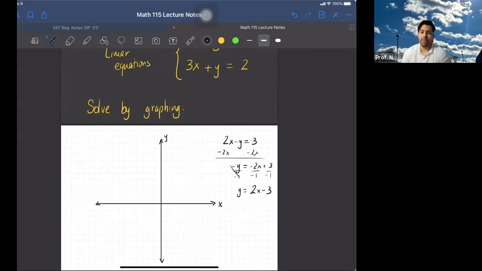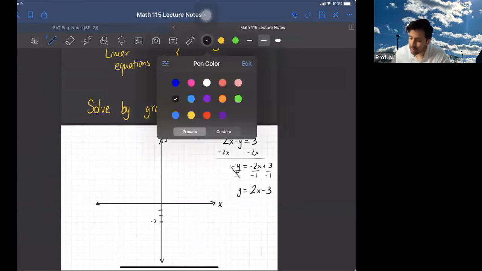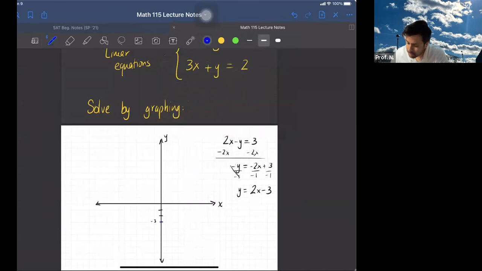So then I have a lot of information here, right? I got the slope intercept. So I know that the y-intercept is negative 3. Then I'm going to use a different color for this. So this is my starting position. And then I'm going to move up by 2 because of my slope. So this is my slope-intercept form.